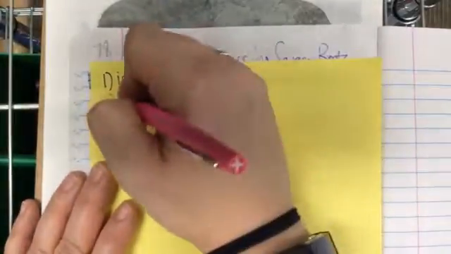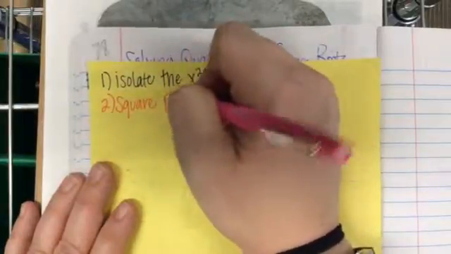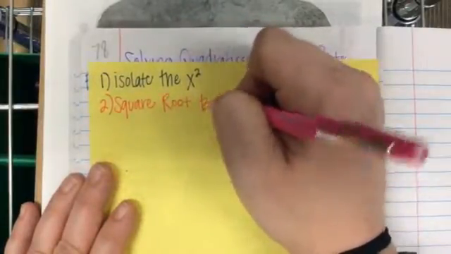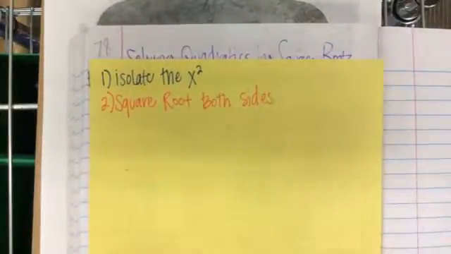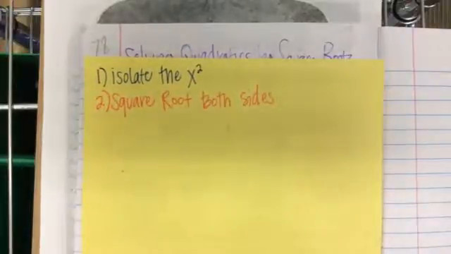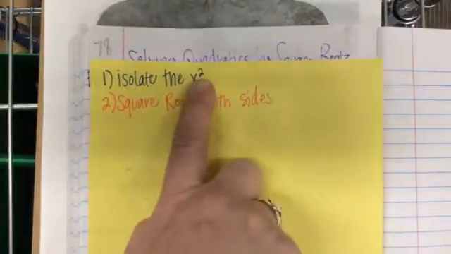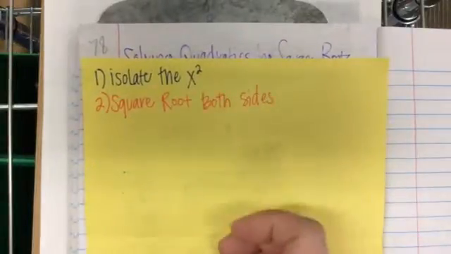Step 2 is to square root both sides. And why are we square rooting? Zach, why? Yeah, the inverse of a square is square rooting, correct?